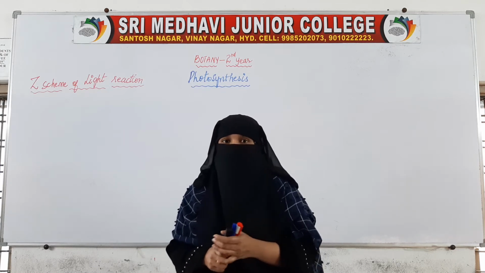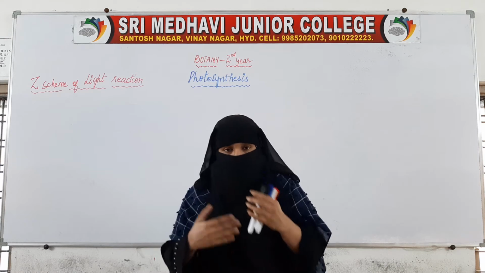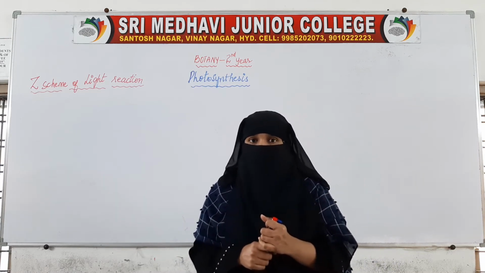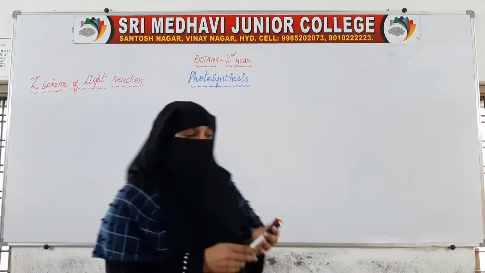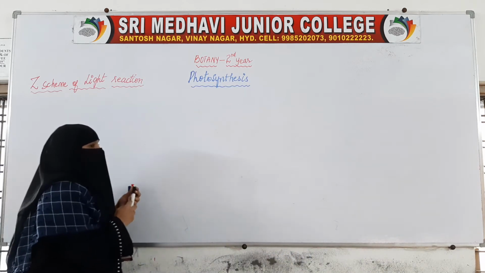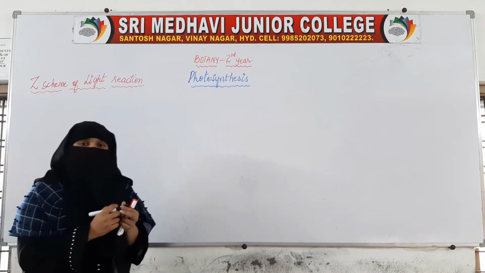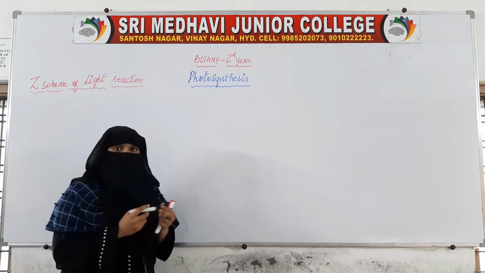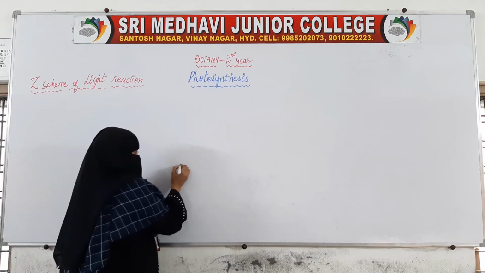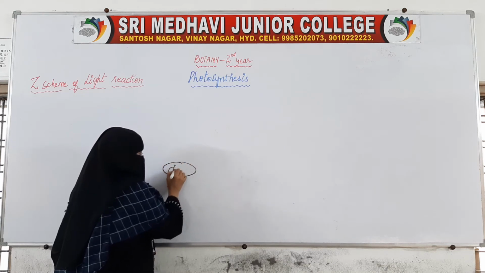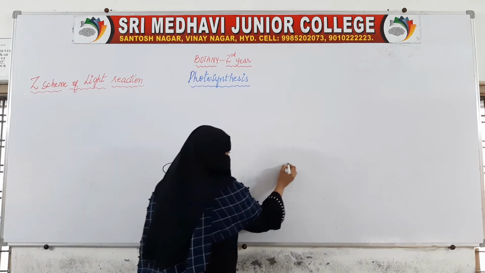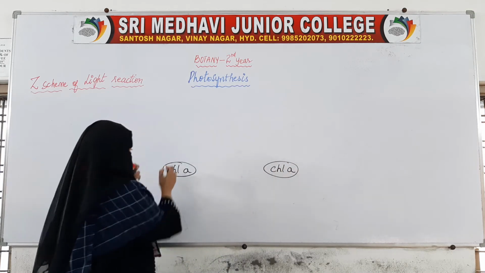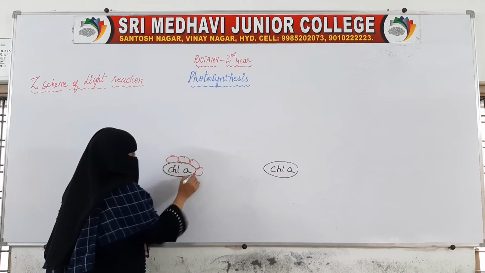So today in this class we will move on further from what we have discussed in the last video. In the last video we discussed how both photosystems work together during the process of photosynthesis. Here this is chlorophyll A and this is chlorophyll A. This is the light harvesting complex.